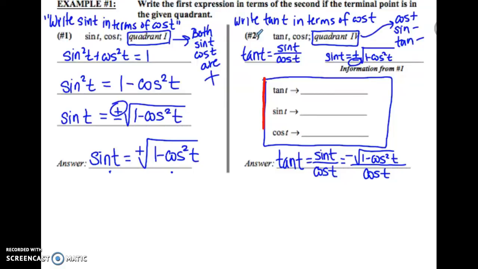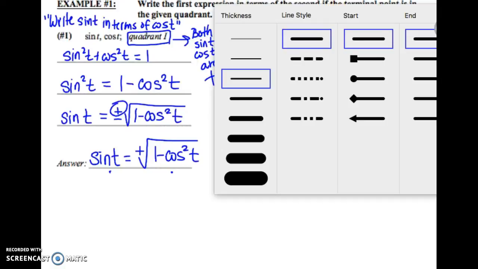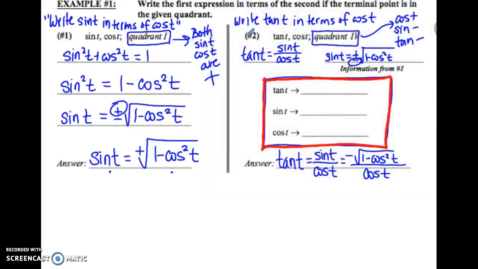Now in this box right here, this is kind of auxiliary information that maybe should have gone after the example, rather than right in the middle of the example. These are going to be just kind of ones that you're going to be using frequently. If you take your Pythagorean identity and solve it for tangent, tangent t can be written as plus or minus the square root of secant squared t minus 1.